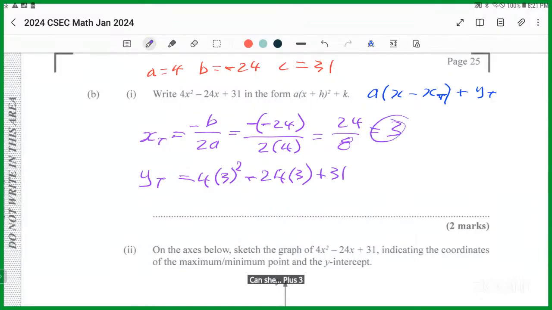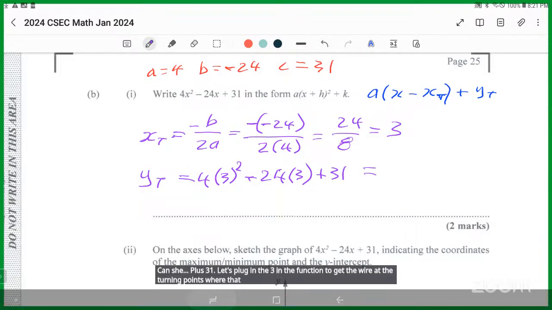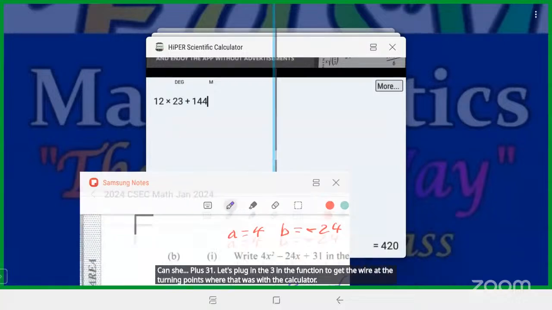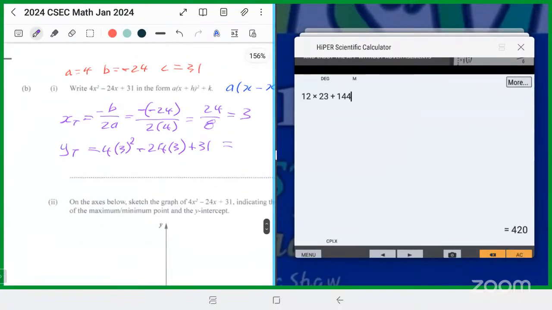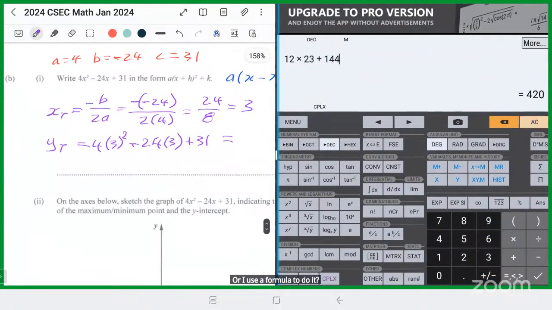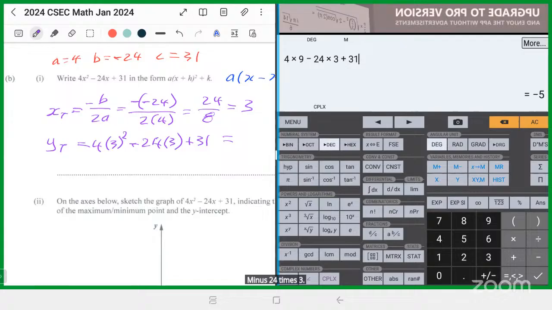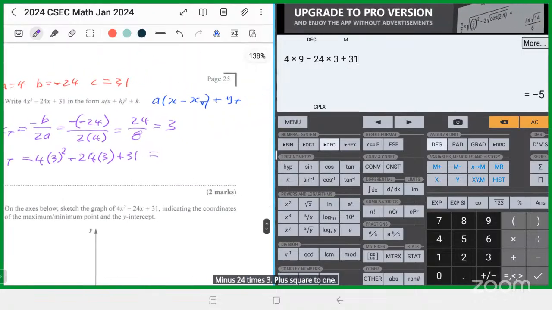That's plugging the 3 in the function to get the y value at the turning point. Work that out with the calculator. If you want to use the formula way to do it, you're going to get the same answer. So the 4 times 3 squared is 4 times 9, which is 36. Minus 24 times 3 plus 31. Getting negative 5 for that.